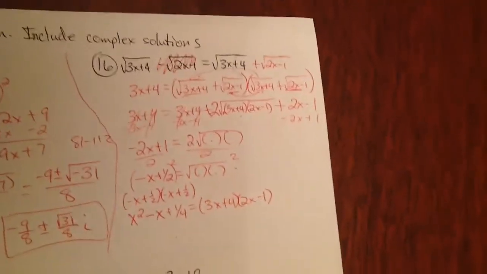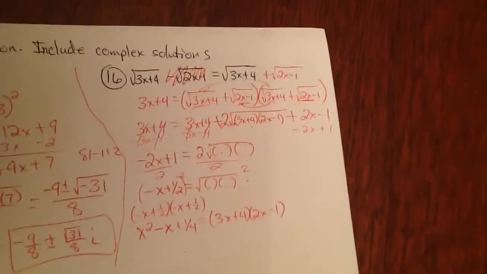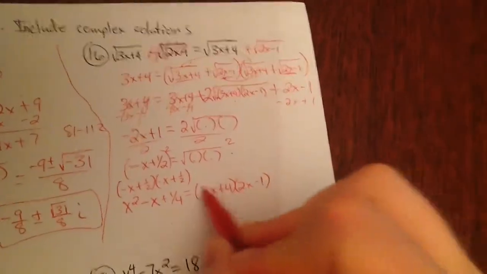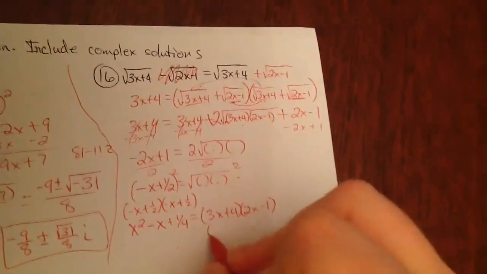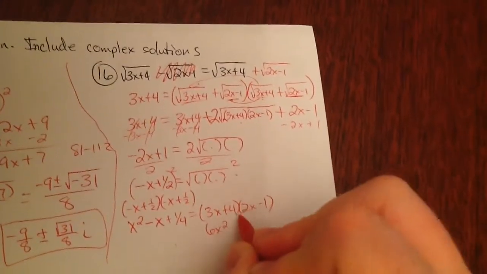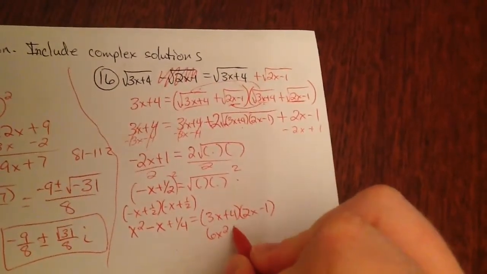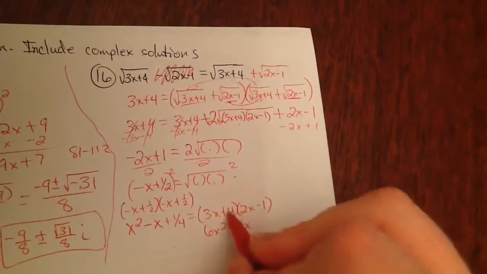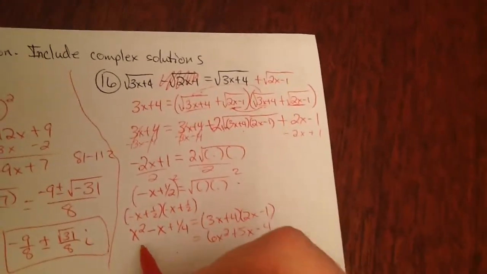Well, I got x squareds now and x's, so I'm going to have to factor. So I got to get everything all on one side, which means I have to multiply this all out. So that's 6x squared minus 3 plus 8 is plus 5, and minus 4 equals all that stuff.